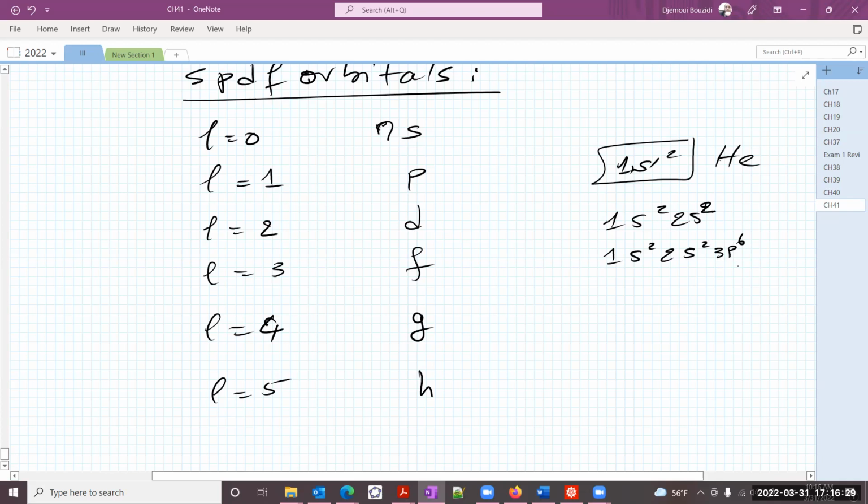If you look at this level in here, for example, 2p6, did I jump? If you look at this level, for example, it corresponds to n equals 2. And for n equals 2, L is equal to 1 or 0.